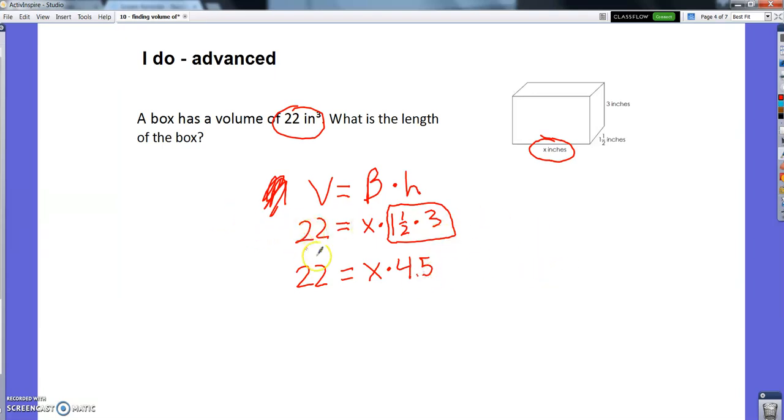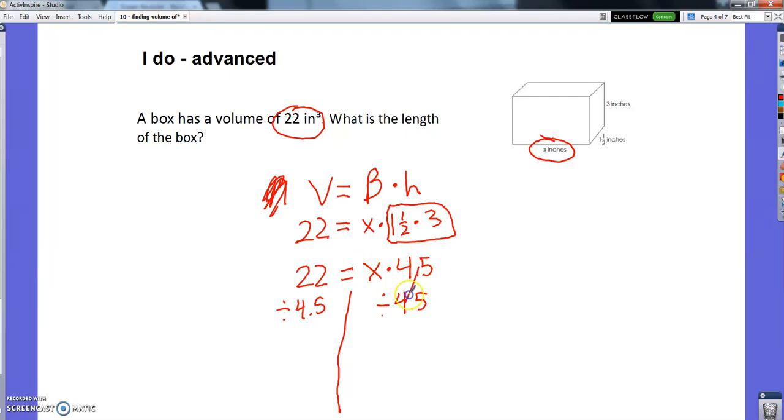Now, if you think back, I can solve for x here. If you think back to the unit where we dealt with variables, I said, okay, well, if I want to solve for x, I look at what's happening to it, and I use the inverse operation. So right now, x is being multiplied by 4.5. So I'm going to divide by 4.5 on both sides.